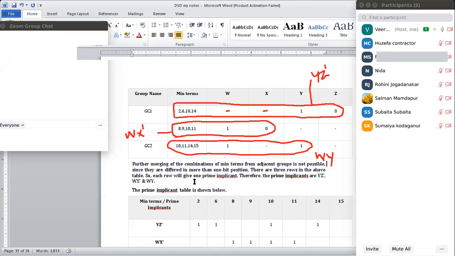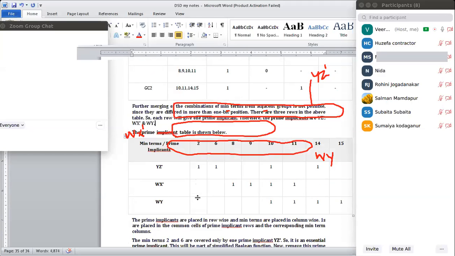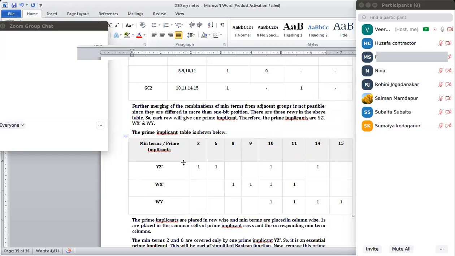Okay. So here, this is what I have written, right? The minterms I have got, I have written them row-wise: first row, second row, third row.